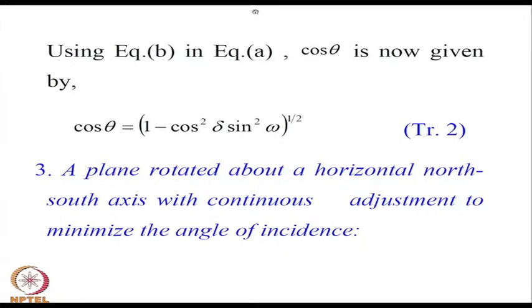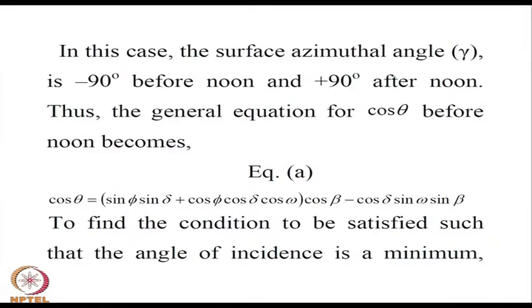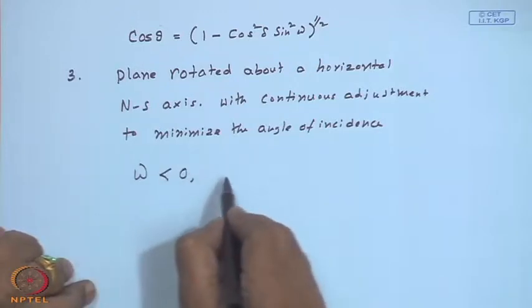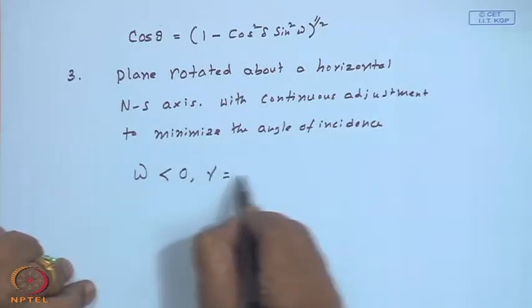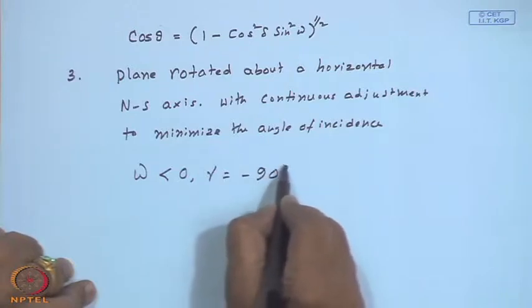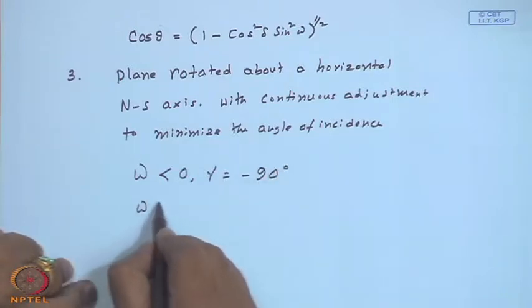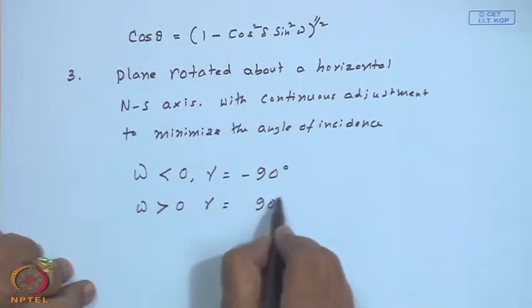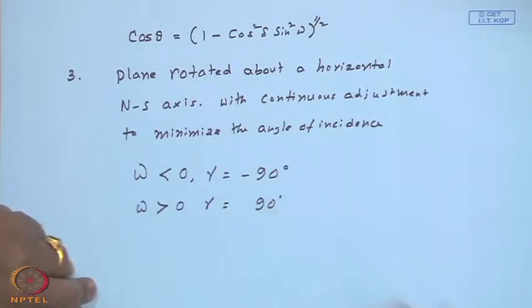So, this is such that we should choose the cosine theta for this. What we realize is, for omega less than 0, gamma will be minus 90 degrees. For omega greater than 0, gamma will be plus 90 degrees. There are only two states.